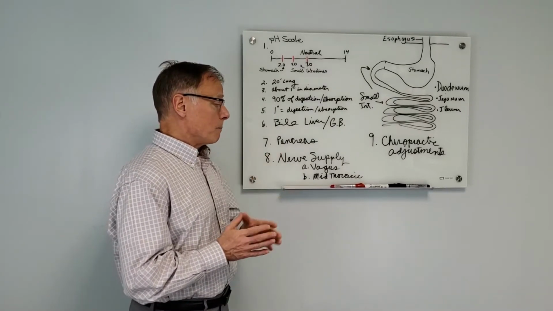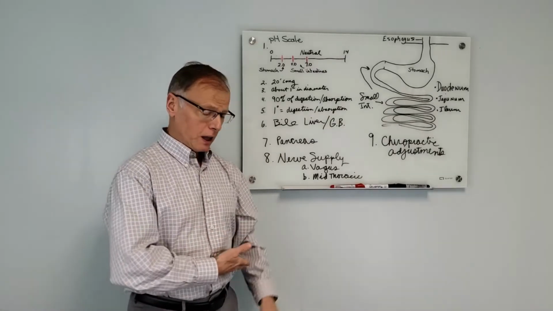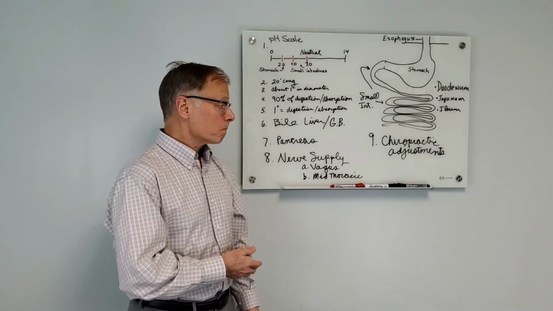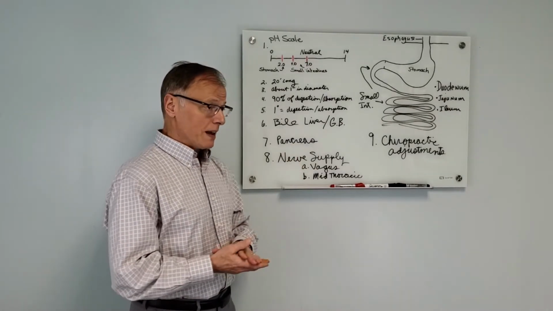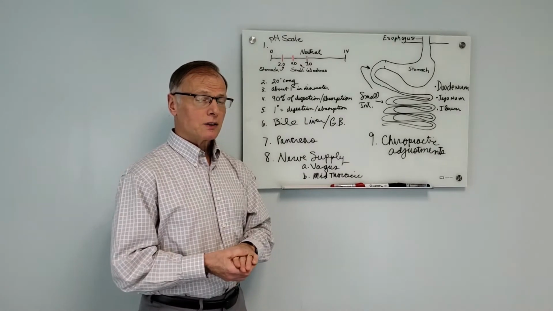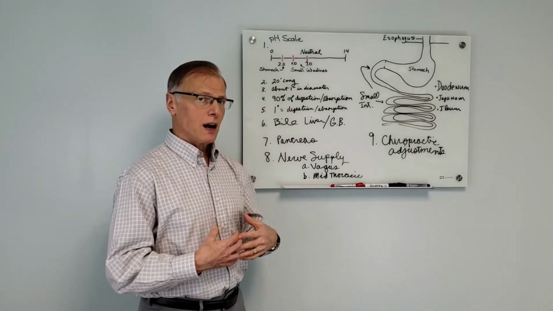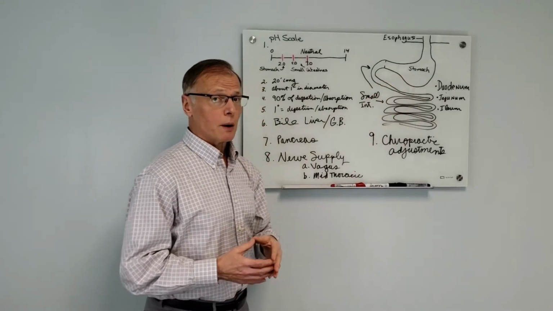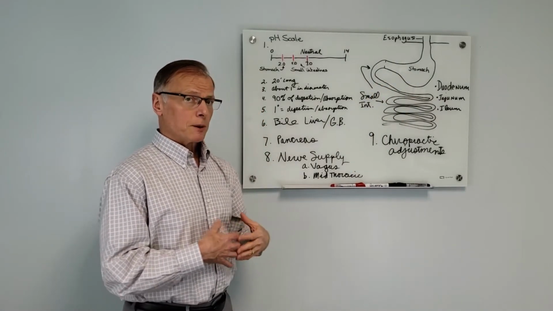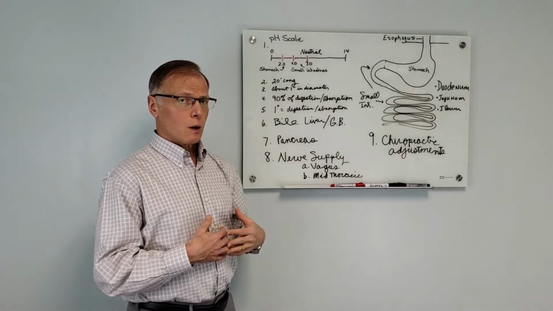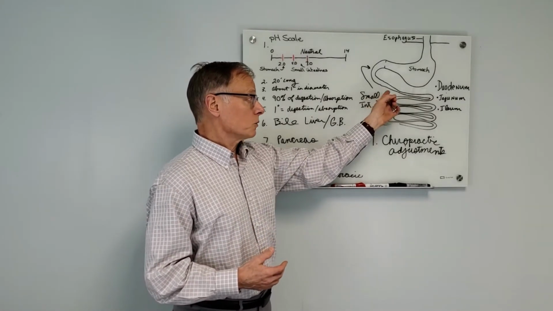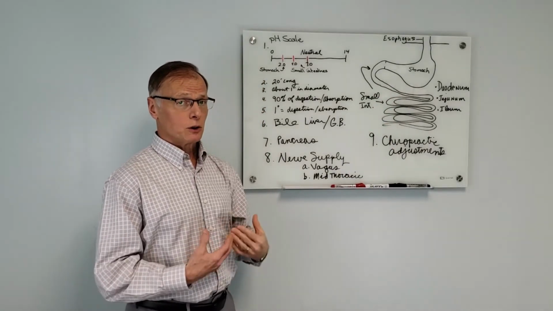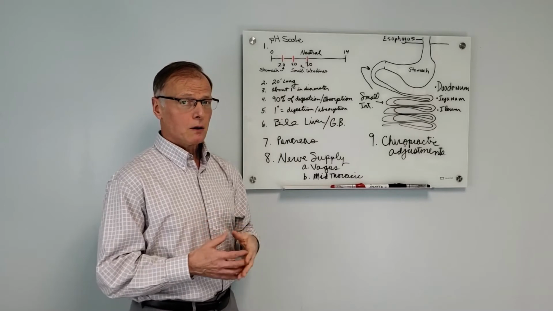Point number 7, the pancreas. The pancreas lies about right here in the left side of the abdominal area. The pancreas makes various enzymes that break down food even more than it was broken down in the stomach, so that it can be properly utilized and absorbed, basically so that it can pass through the barrier of the small intestine to be utilized by the body to help your body function properly.